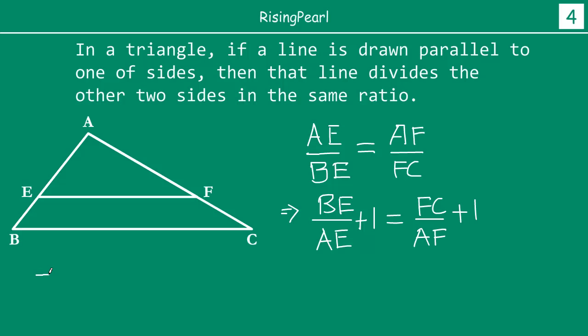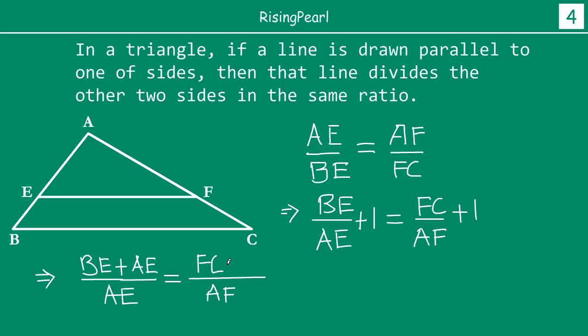So if you take the LCM, you will have BE plus 1 times AE is AE, equal to, here LCM is AF, and then you have FC plus 1 times AF is AF.